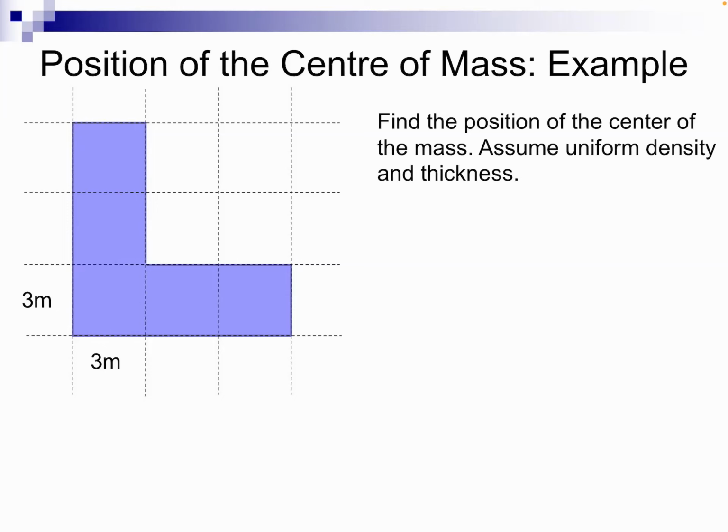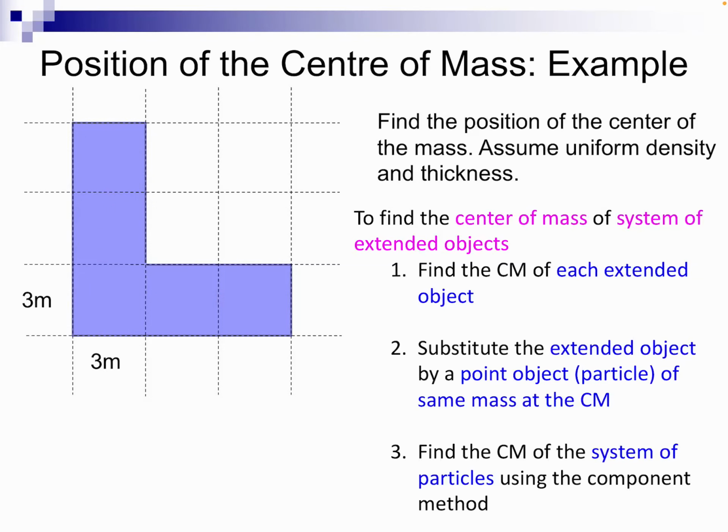How do we find the position of the center of mass of this extended object? We know that for symmetrical objects, the center of mass is at the geometric center. For this extended object, you can always divide it into two symmetrical objects, right? If you, for example, divide it here, then you're just looking at two rectangles.